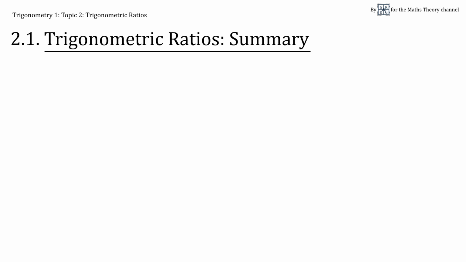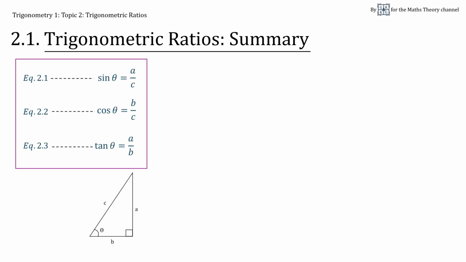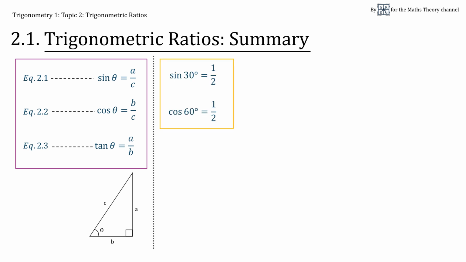So to summarize, considering a right angle triangle, sine theta is opposite over hypotenuse, being a over c. Cos theta is adjacent over hypotenuse, being b over c, and tangent theta is opposite over adjacent, being a over b. The sine value of 30 degrees is half, and this is the same for cos 60 degrees.